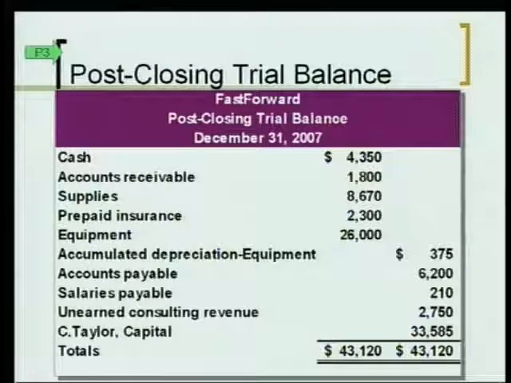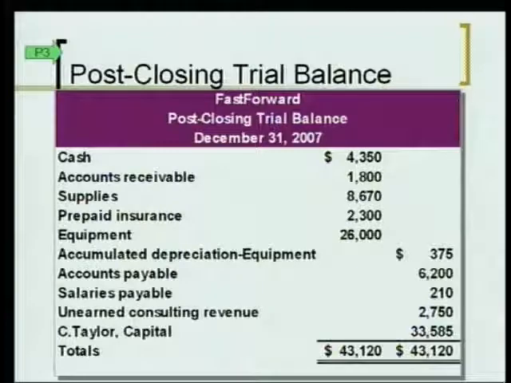Income statement. You would have a really difficult time trying to prepare an income statement only looking at your post-closing trial balance, right? Because your revenues and expenses are all zeroed out. So you prepare your financial statements after you have your adjusting entries and your adjusted trial balance. That's when you prepare financial statements.